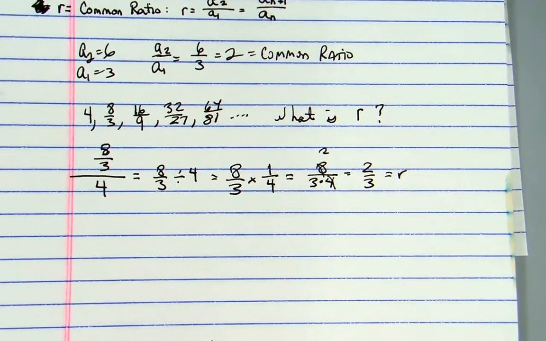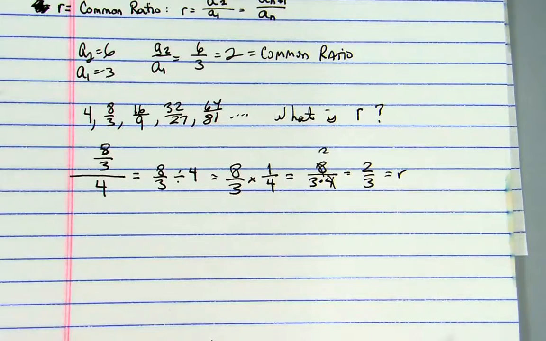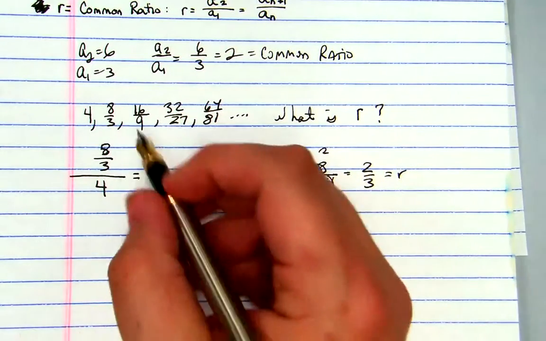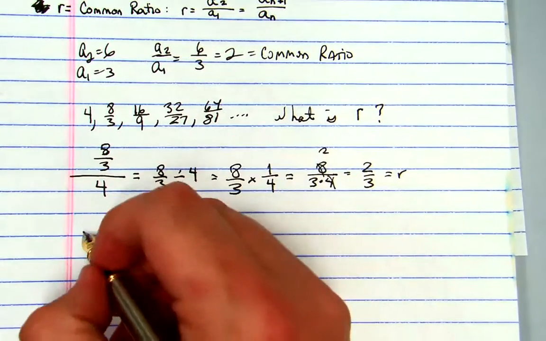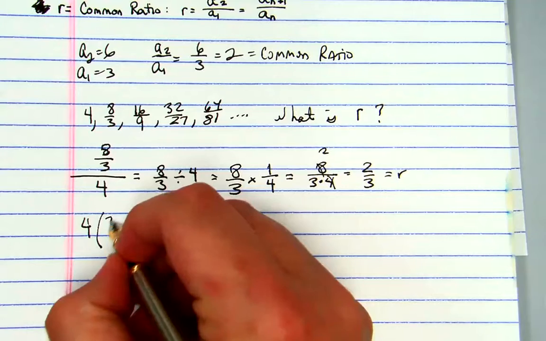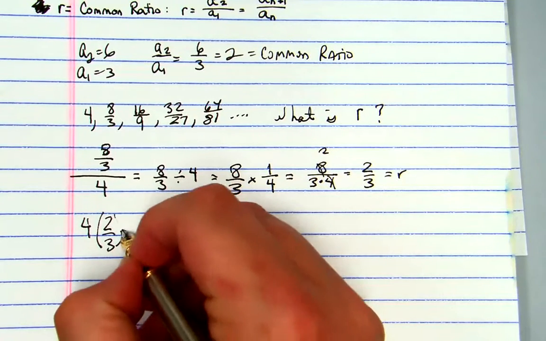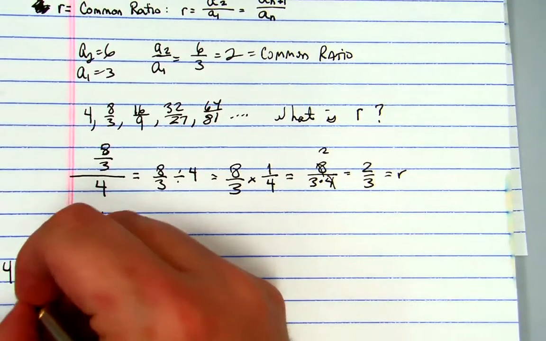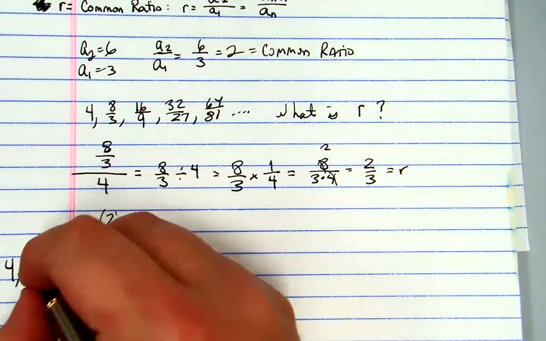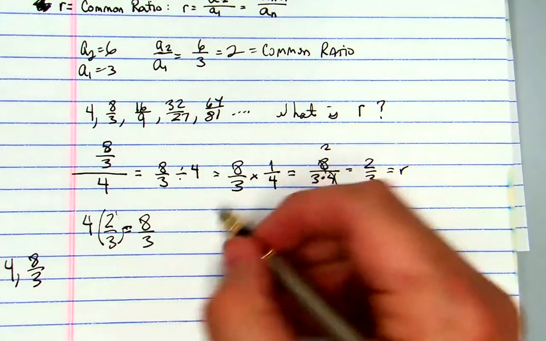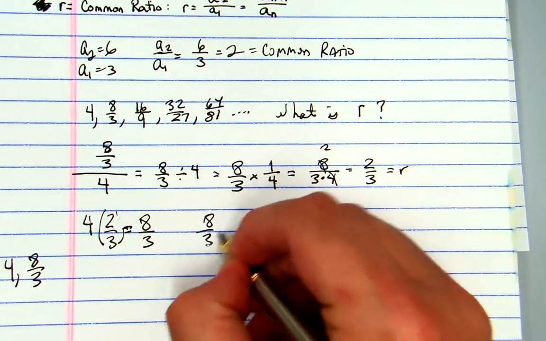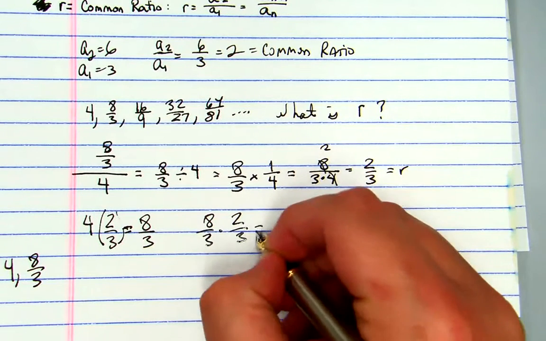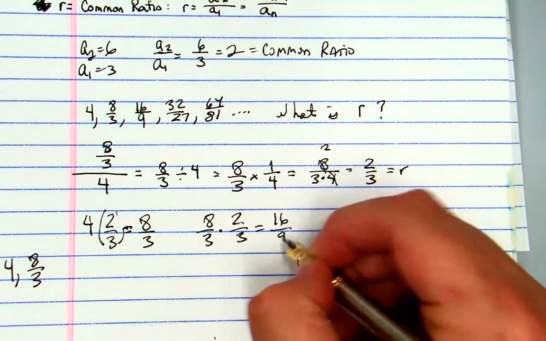So you can figure out your common ratio that way and get 2/3, because if you take, for example, 4, multiply it by 2/3, you're going to get 8/3. So you have 4, comma, 8/3. Then you take 8/3 times 2/3, 16 over 9.